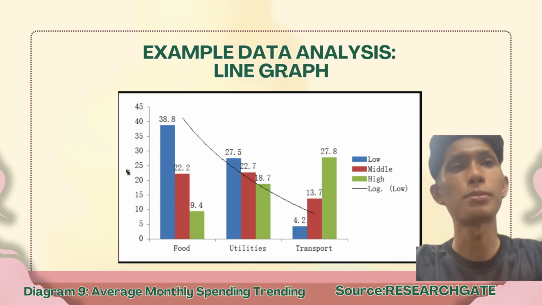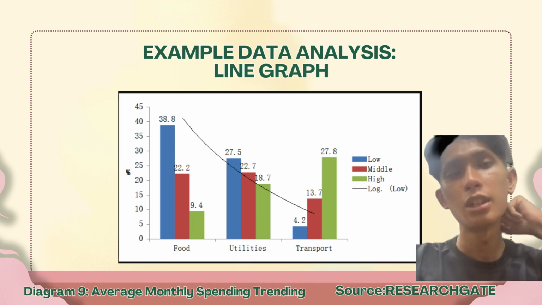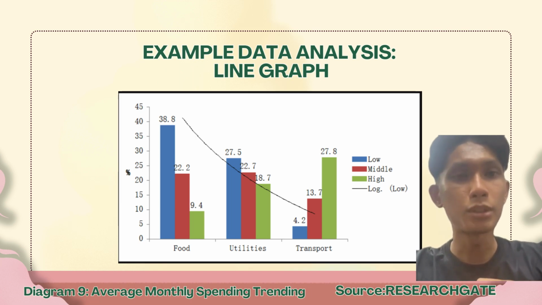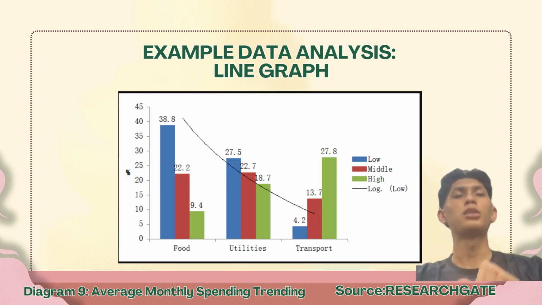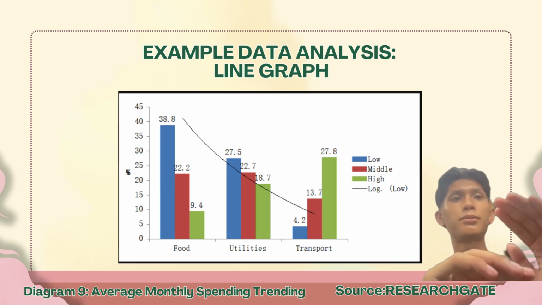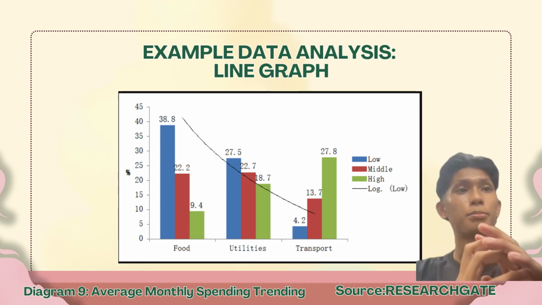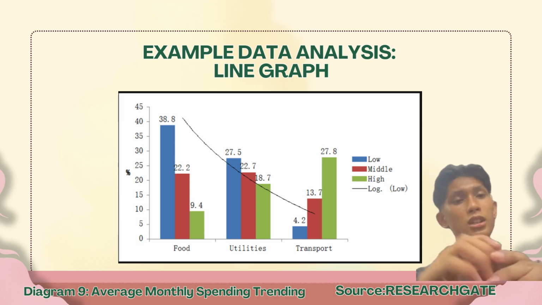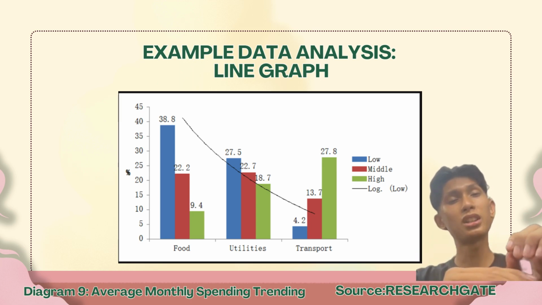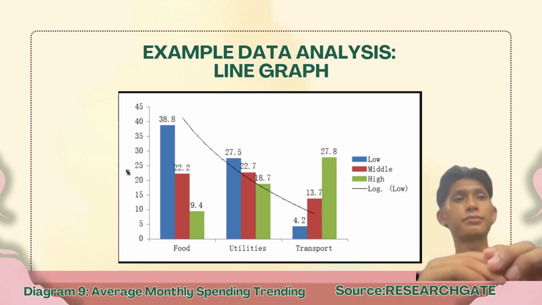This graph shows spending by income level. Food spending falls from 38.8% to 22.2% and 9.4%. Utilities decreased slightly from 27.5% to 22.7% and 80.7%.